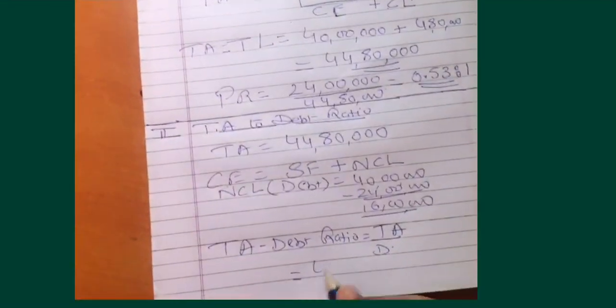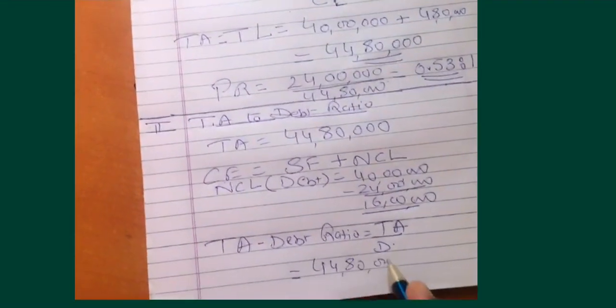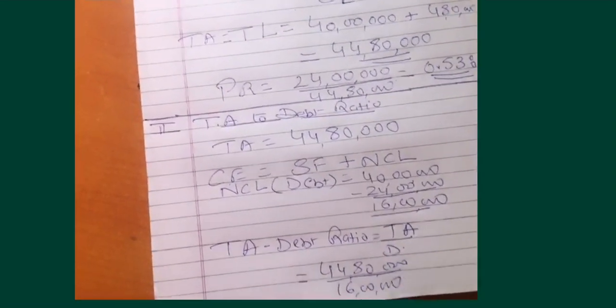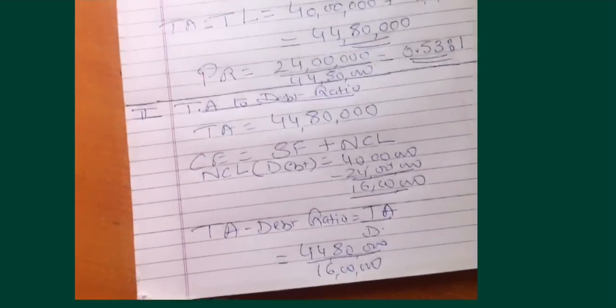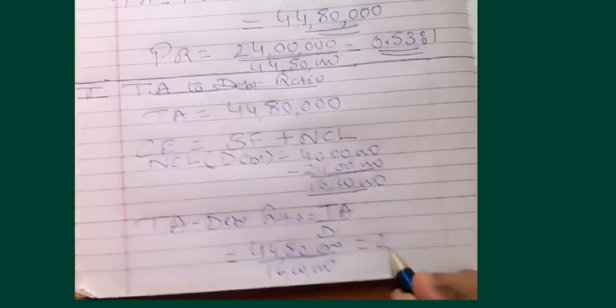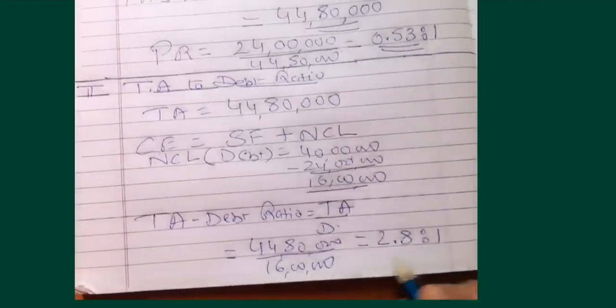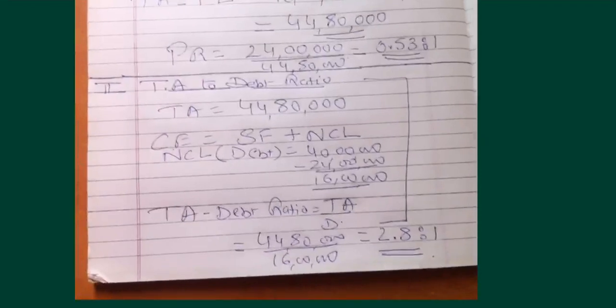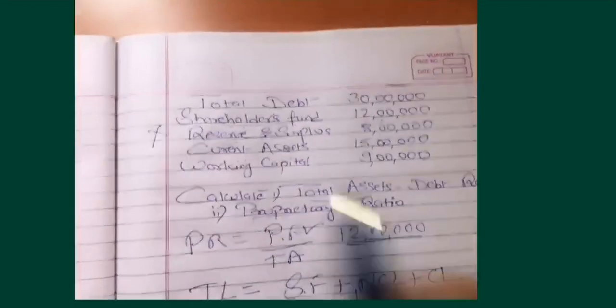Total assets is 44,80,000 and debt is 16 lakh. By dividing these two, we get the total assets to debt ratio, that is 2.8:1.